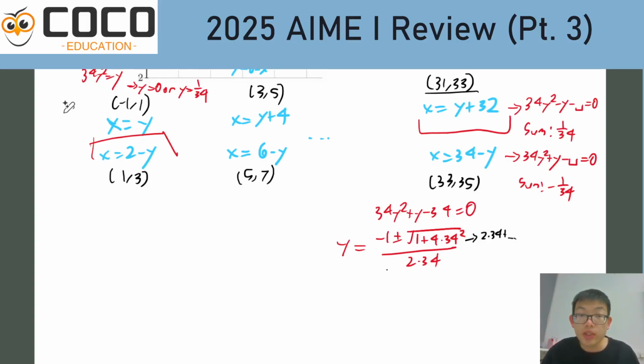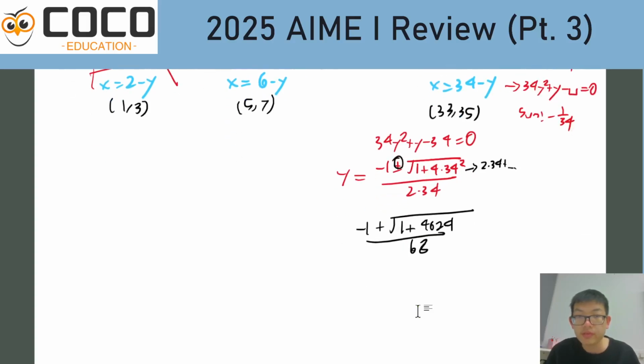So that means that the only leftover solution would come from the plus. Now is the time to calculate it, and this part I will just fast forward the calculation for you. So this is the one solution that you keep.